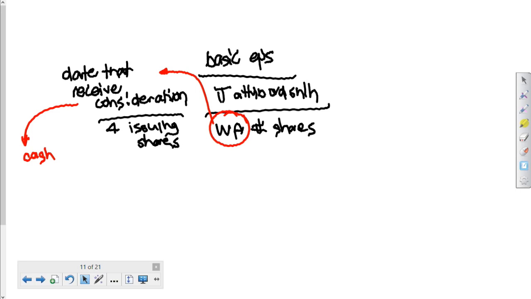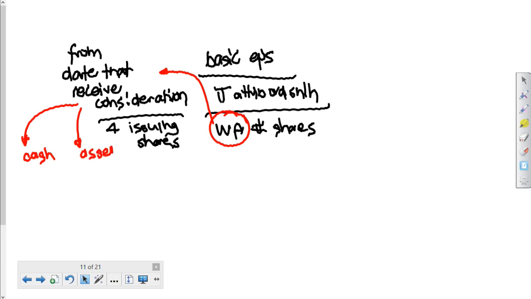I issued them 2 months into the year, I'll weight them for the 10 months, the remaining months, isn't it? So from the date of the issue to year end. So let me say at the top, from the date that I received the consideration for issuing shares. Mostly it's cash. It could also be assets.